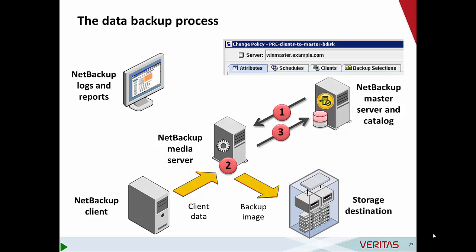Records of successful backups are kept in the master server for calculating the next time the backup should run if it's a frequency-based backup, and reports and log files are generated showing the status of backups.